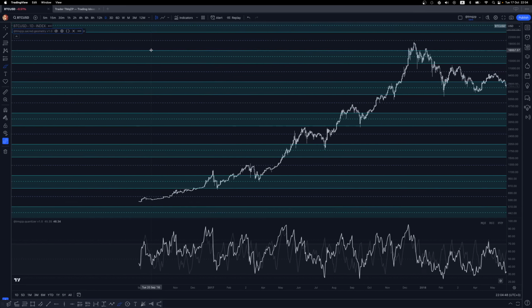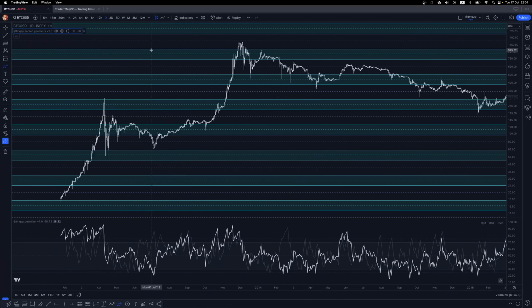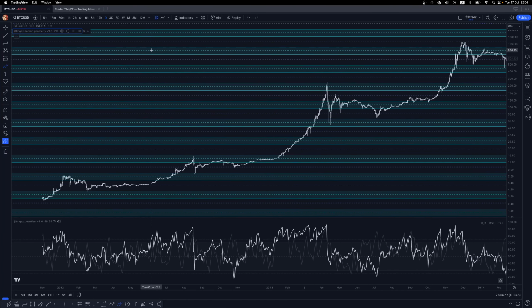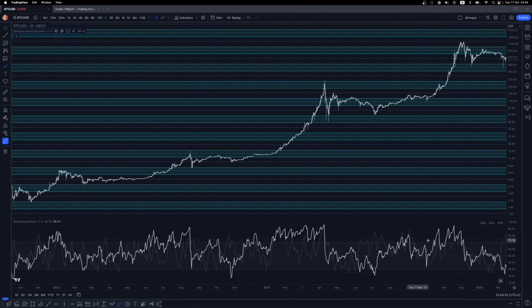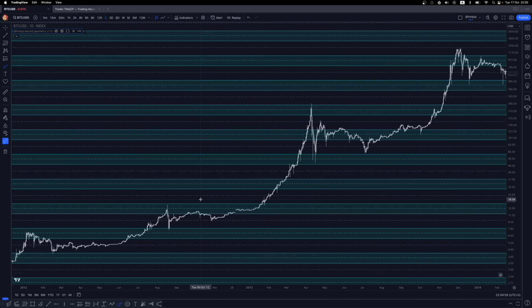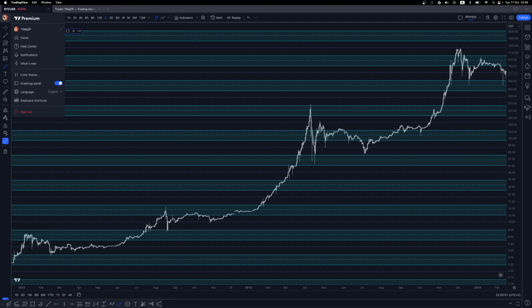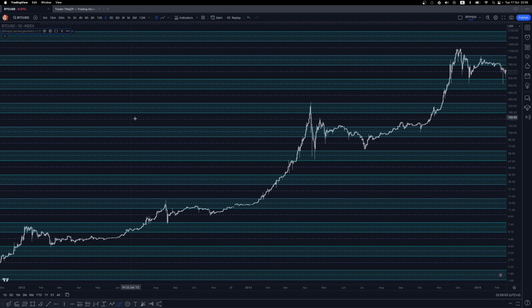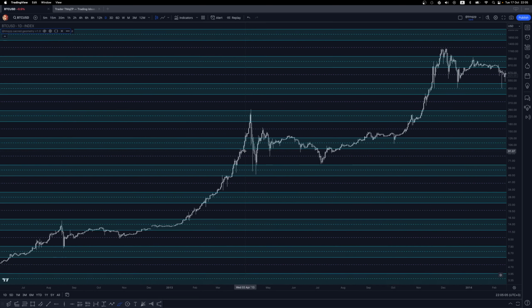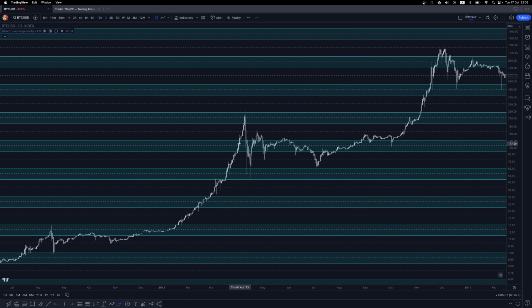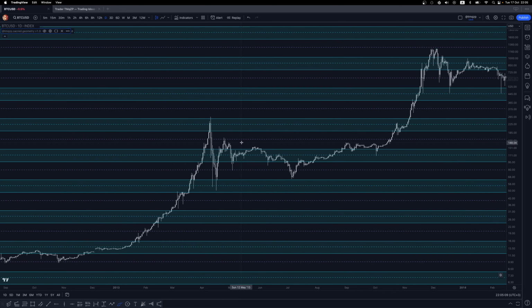Let's do the same thing again: go back in history and see how they operate. Let me hide the quantizer again, so we have a bit more screen space, and also hide the drawing panel. There we go. These levels are based on sacred geometry numbers, relationships, and that kind of stuff.